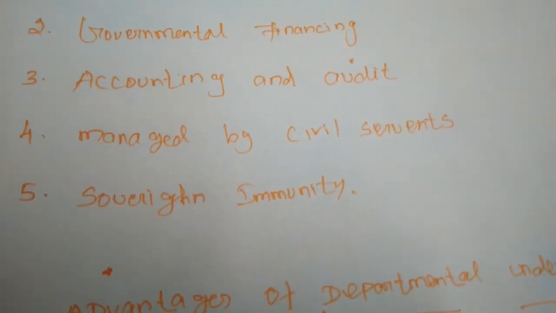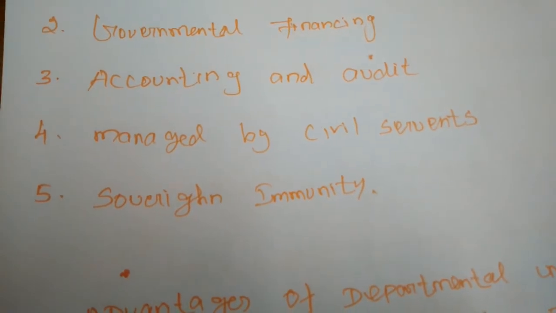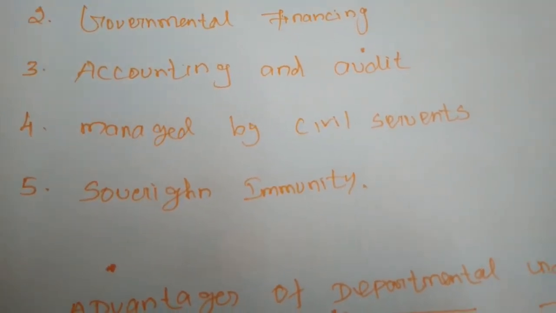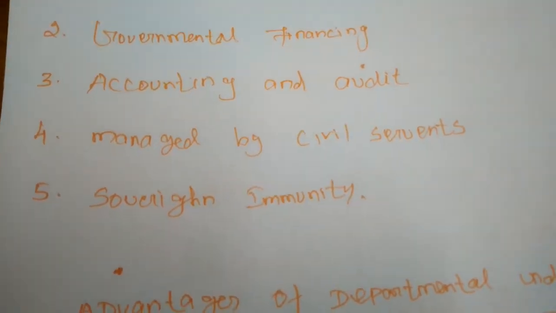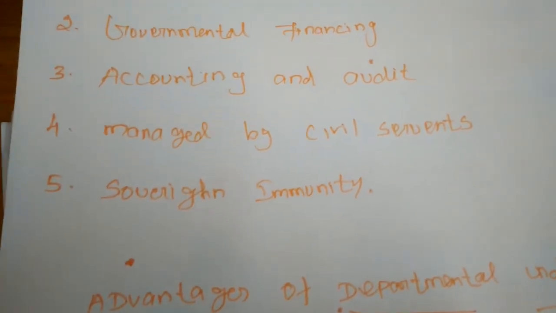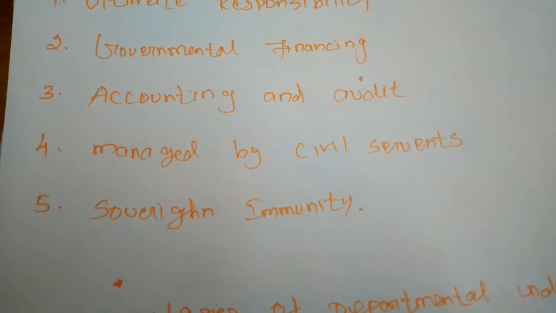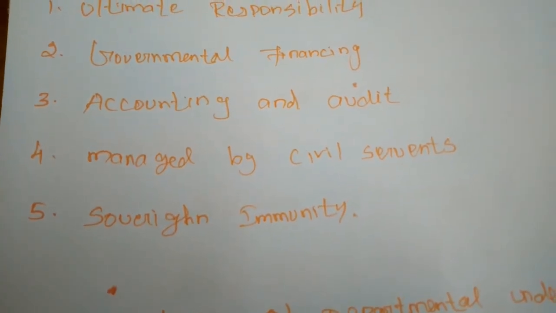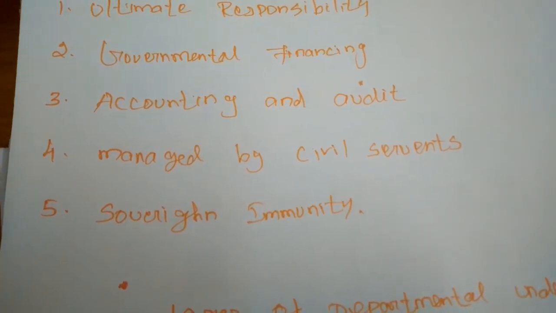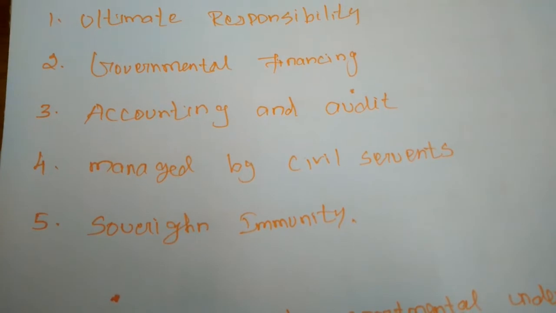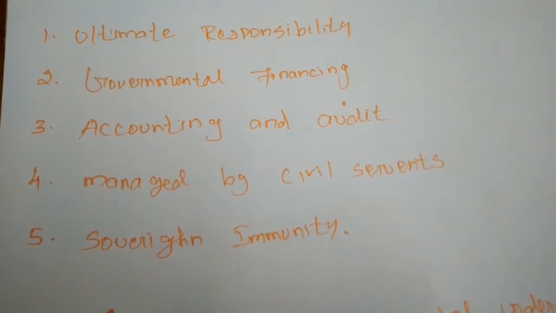Next, sovereign immunity. A departmental undertaking cannot be sued by anybody without the consent of the government. Even if the departmental undertakings have some problems, the government has to arrange a committee to inquire into the problems, and no one can sue the departmental undertakings if any problem is raised in their day-to-day activities.